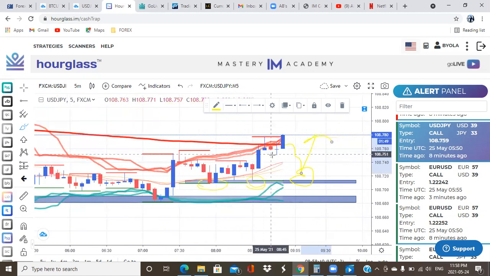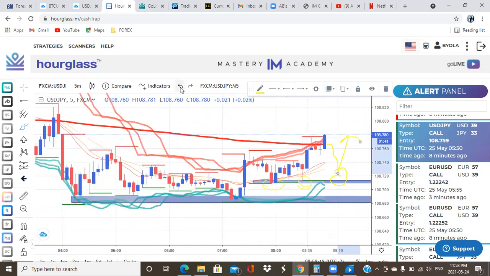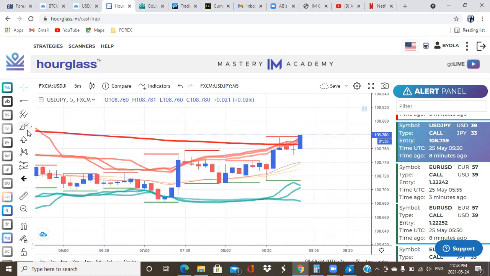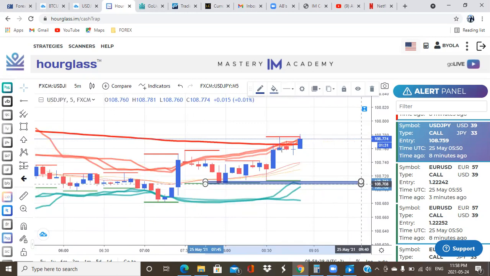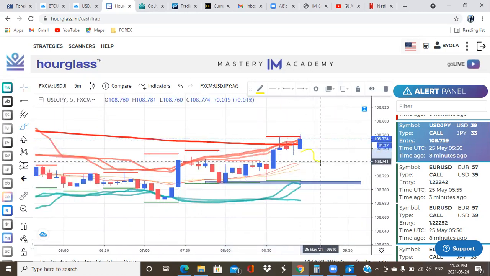So this market, the way it is right now, had it been that as we are speaking right now this market pulled back and is coming back down to this area, we will take this trade right now together.